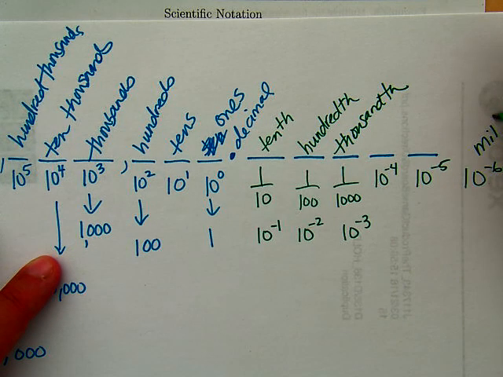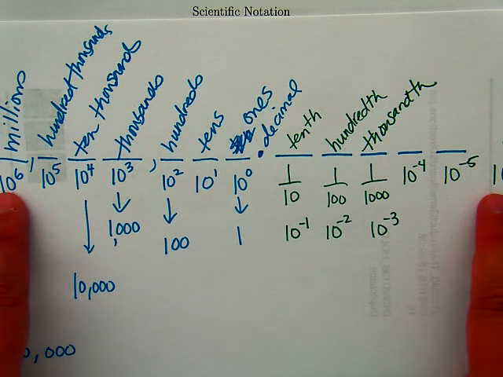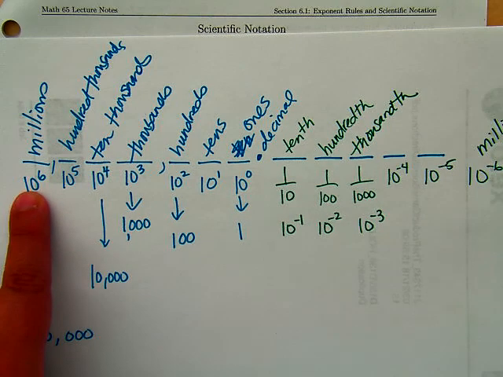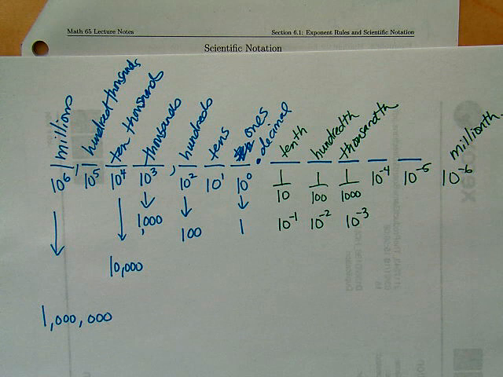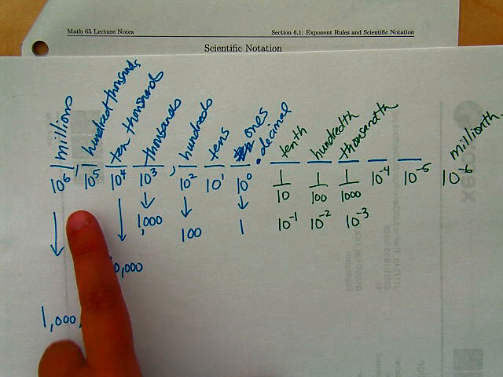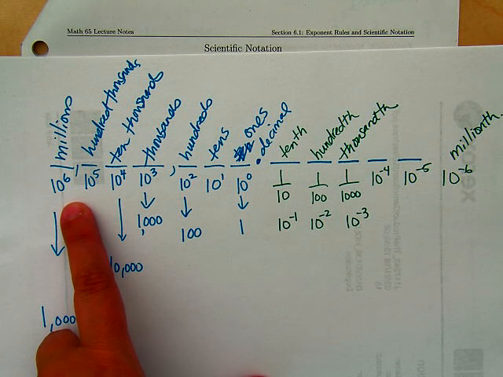A million is 10 to the 6th power, and a millionth is 10 to the negative 6. That's the whole thing about the negative exponent meaning the reciprocal, right? Would you rather have a million or a millionth? A million. So you'd rather have a big number.